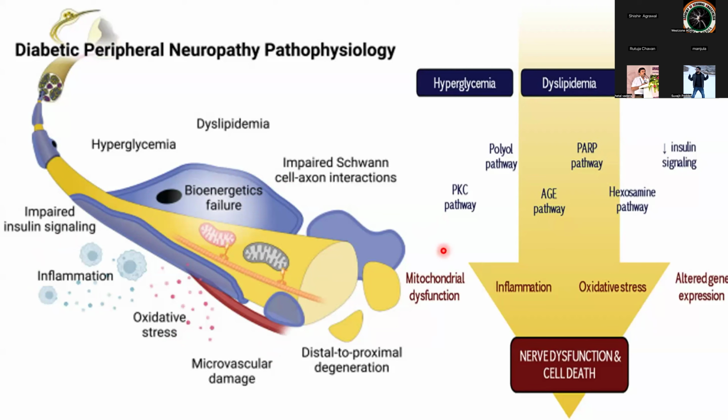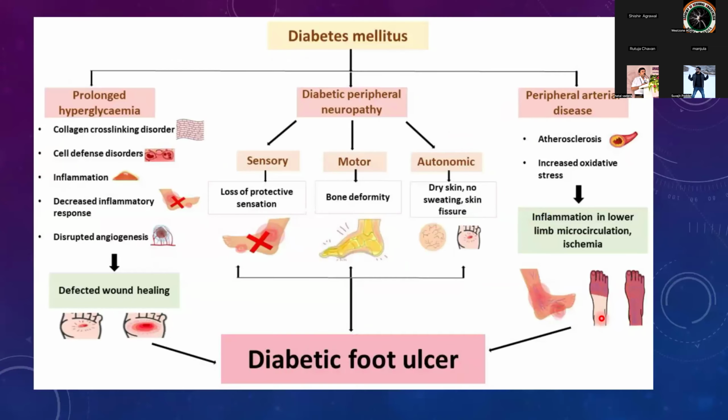All these progress from distal to proximal degeneration, leading to nerve dysfunction and cell death. Earlier it was understood that only hyperglycemia led to such cellular injury, but now we know that dyslipidemia, obesity, and insulin resistance, along with intrinsic caspase pathways which are activated, lead to further inflammation and oxidative stress, forming a vicious cycle which progressively leads to nerve dysfunction and cell death.